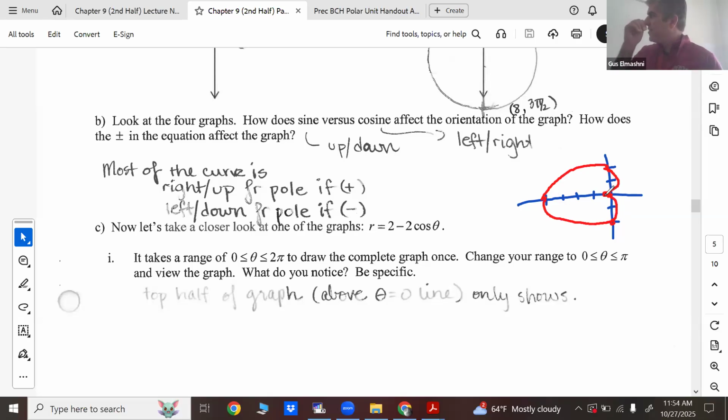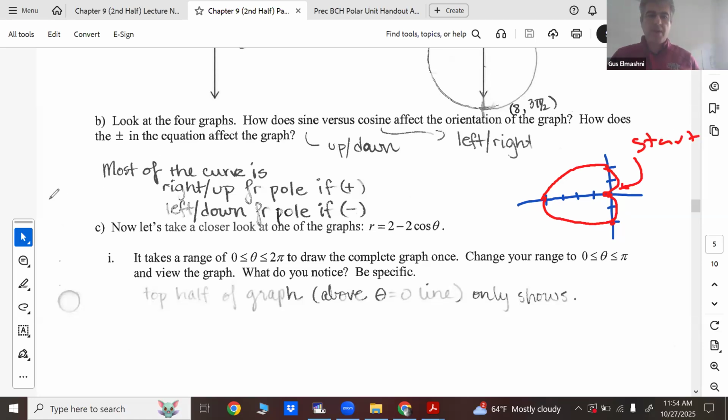Kind of looks like a heart. All right. Okay. So that's how the curve is generated, right? Now, if you only go from 0 to pi, remember, we started here. This is where we started, right?